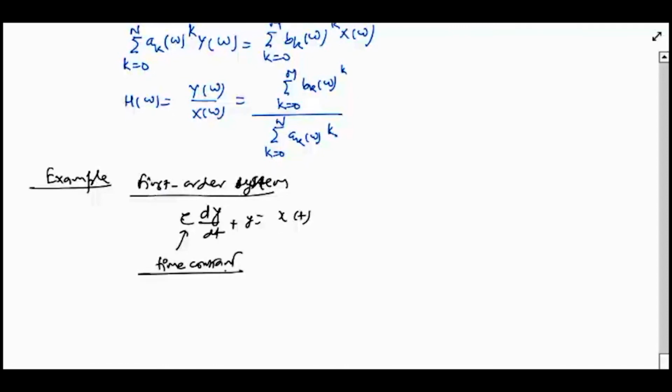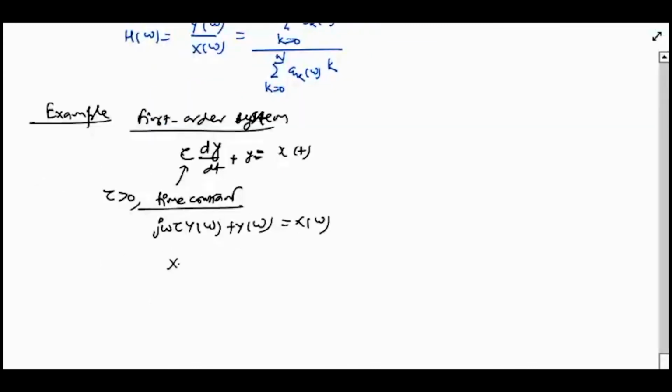If we compute the Fourier transform of both the sides using the derivative property, we see that j omega tau Y(omega) plus Y(omega) is equal to X(omega), which in turn gives the frequency response H(omega) as Y(omega) divided by X(omega) to be 1 over (1 plus j omega tau).